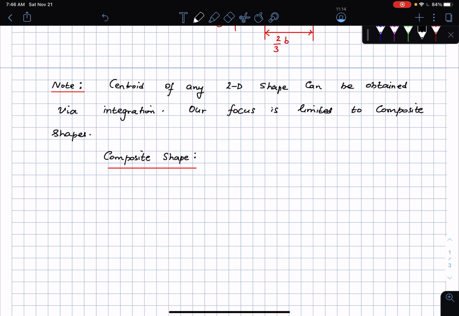Okay, it is a combination of two or more simple connected shapes. This is the fundamental definition of a composite shape. And one would ask, why do we need to study composite shapes?